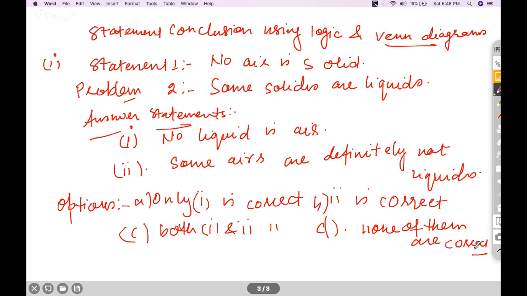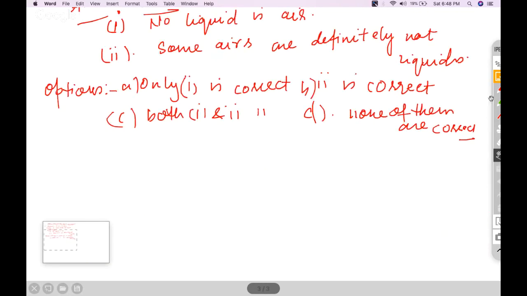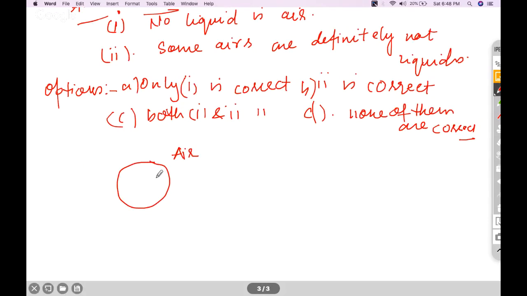So try to understand no liquid is air. Look here, no liquid is air means, let me draw Venn diagrams for you. This is air, and if no liquid is air, it means that liquid has to be separated from air.